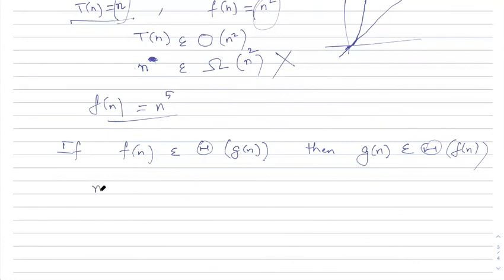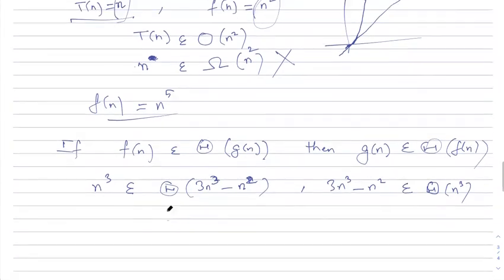So if 3n cube minus n square is in big theta of n cube, then we can say n cube is in big theta of 3n cube minus n square. Once you have reached big theta notation, it can go in either direction because it is acting as both lower bound and upper bound.